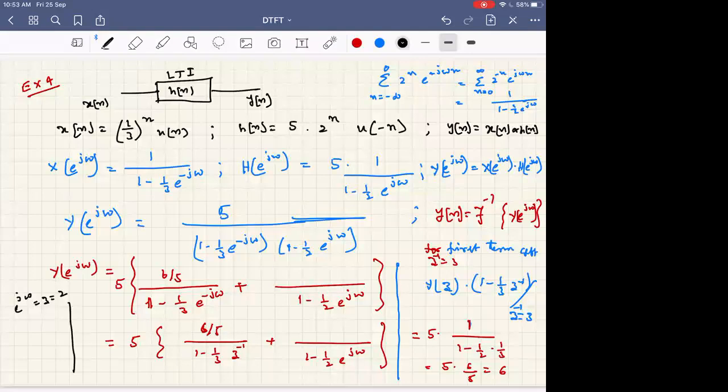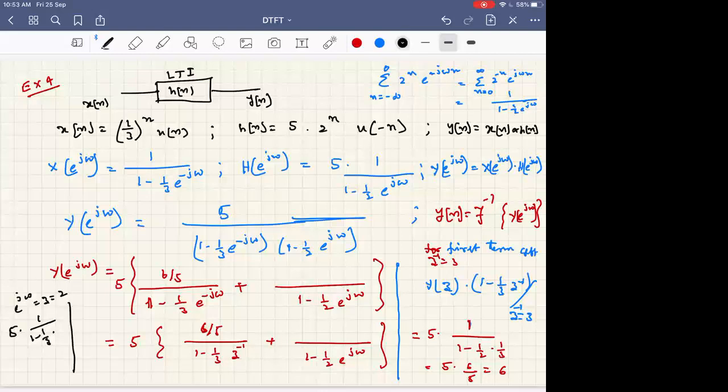So 5 into this term, 1 by 1 minus 1 by 3 into, what should I substitute here for e power j omega or z equal to 2?